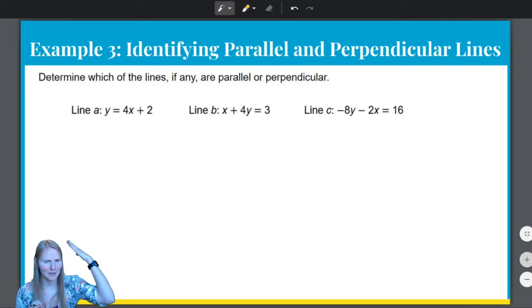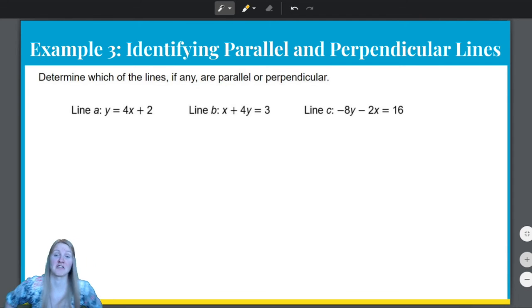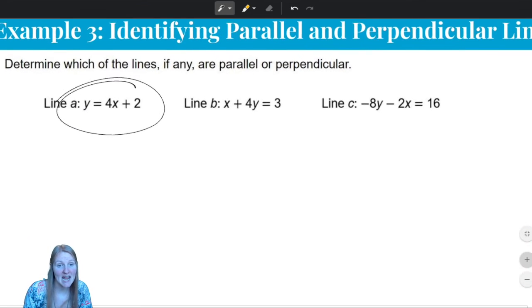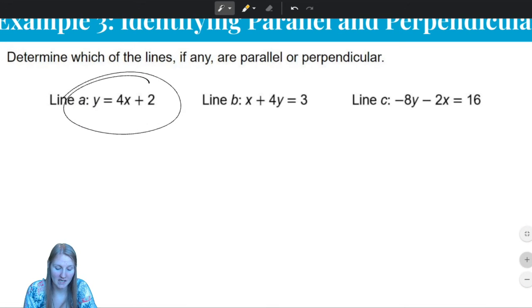Our last example had a graph with several lines on it. And you would be correct. This example does not have any graphs in it on purpose, because we can find the slope from a graph. We can also find the slope from an equation. So, for example, if I look at line A here, we have y equals 4x plus 2.